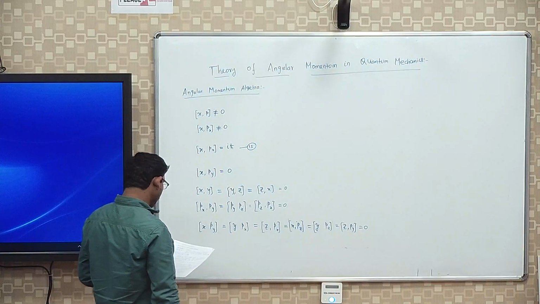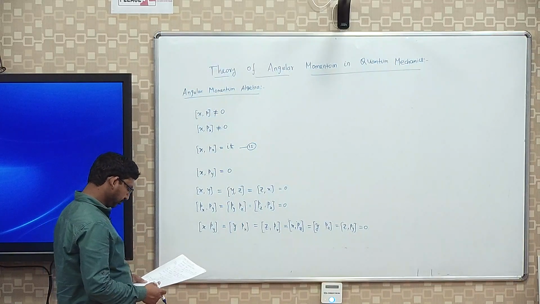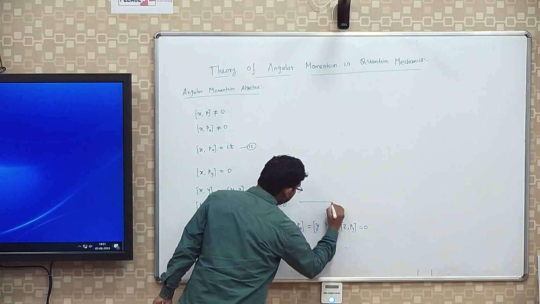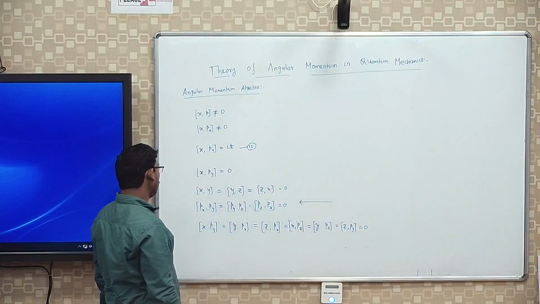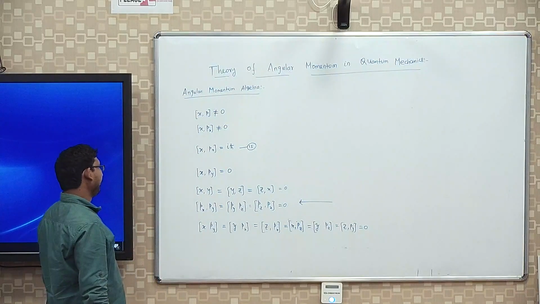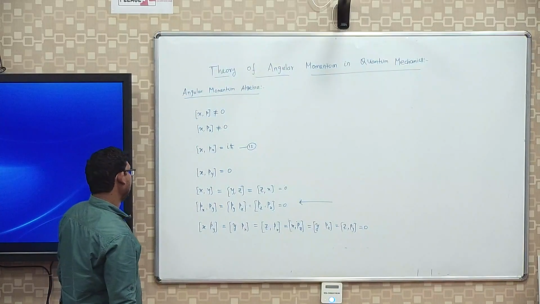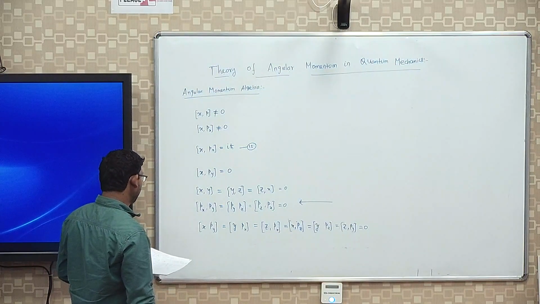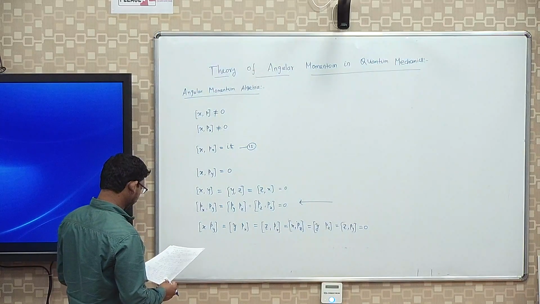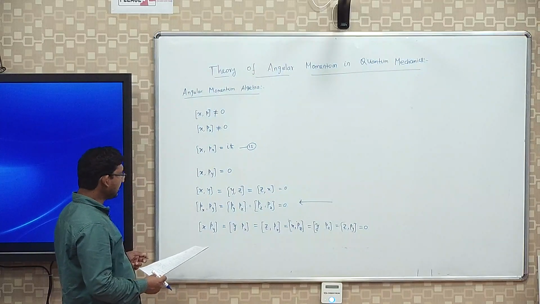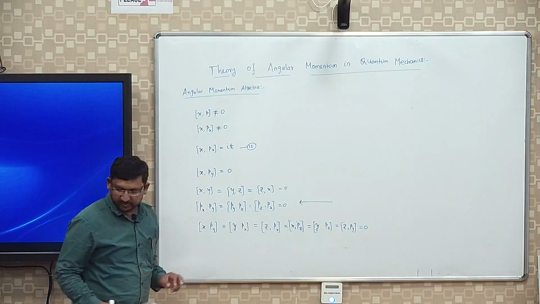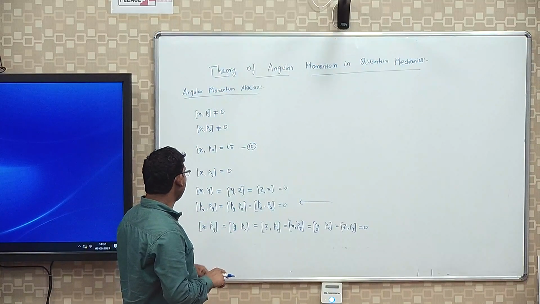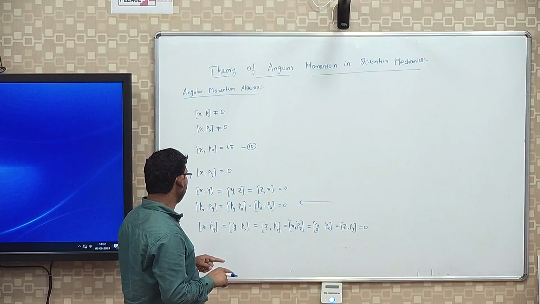Based on this argument, the momentum of the particle in any two different components will commute with each other, or otherwise can we say the momentum of the particle in the x component as well as in the y component can be measured precisely.